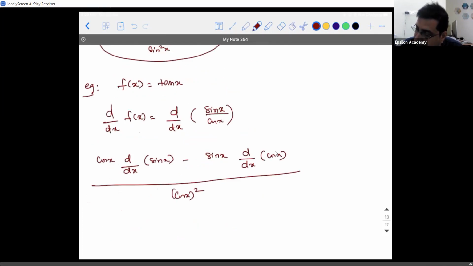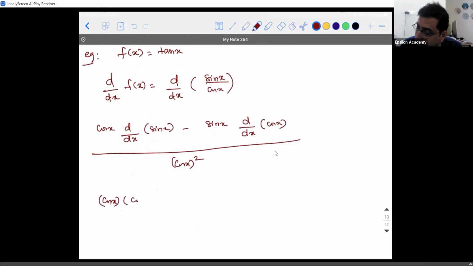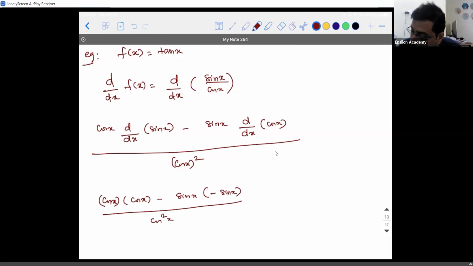So this will be cos x into derivative of sin x, which is cos x, minus sin x into derivative of cos x, which is minus sin x, the whole divided by cos square x. So cos x into cos x is cos square x, minus of minus will be plus, sin x into sin x is sin square x, the whole divided by cos square x.